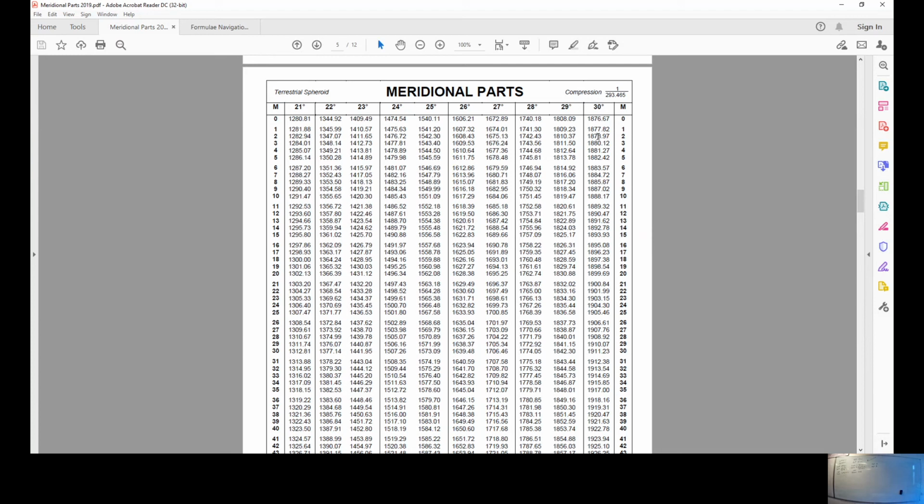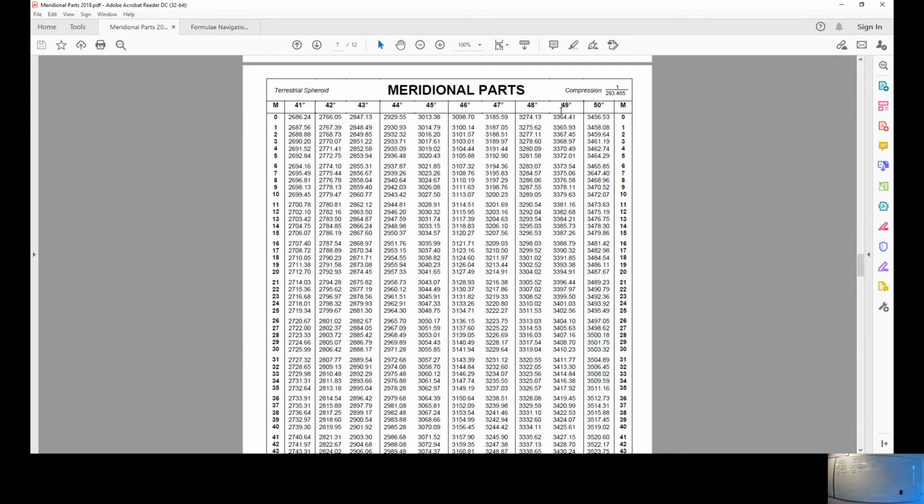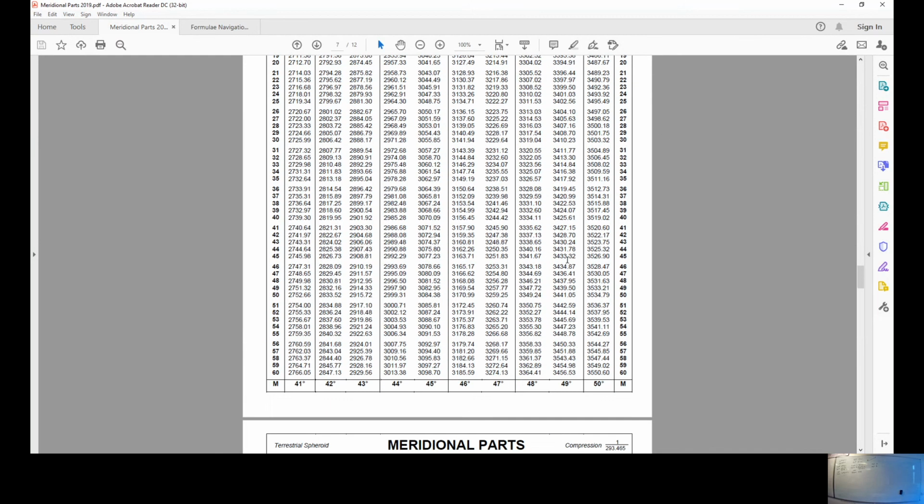So we're going from 49 degrees 50, so we scroll down till we get to 49 degrees. So we're in the 49 degrees column, and we go down to 50 minutes, which is that number there. So 49 degrees, 50 minutes would be 3441.05.